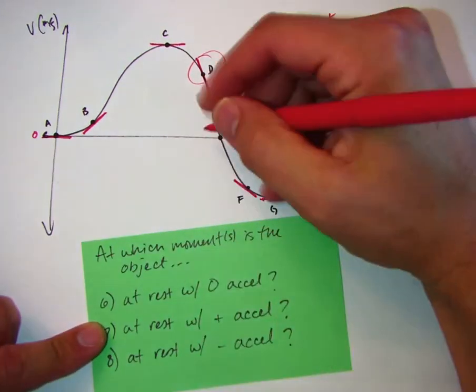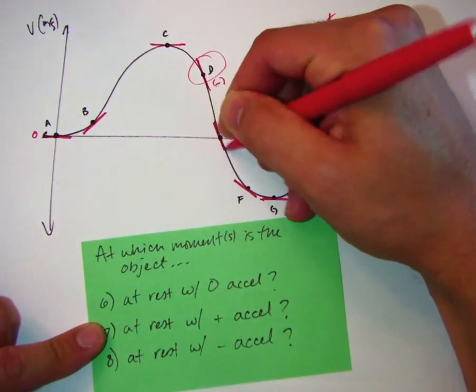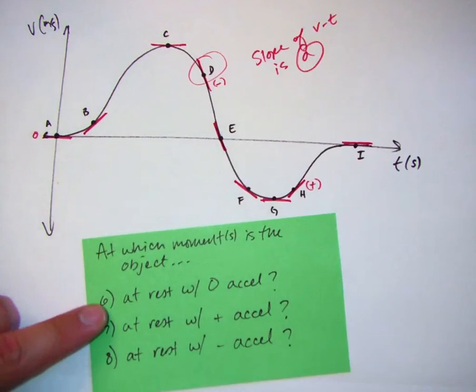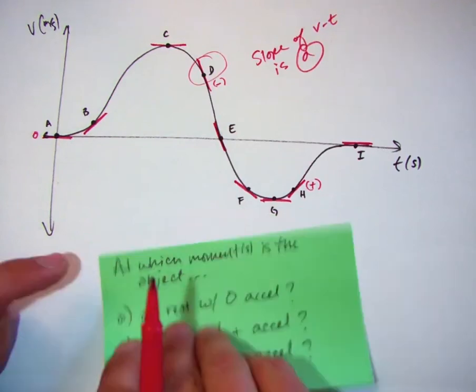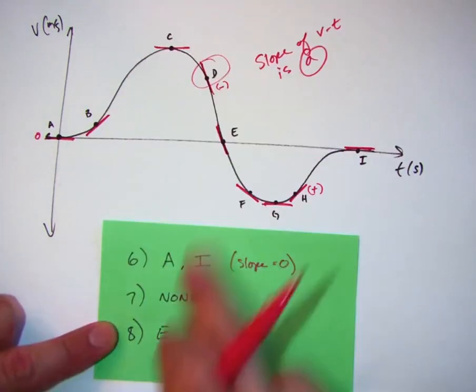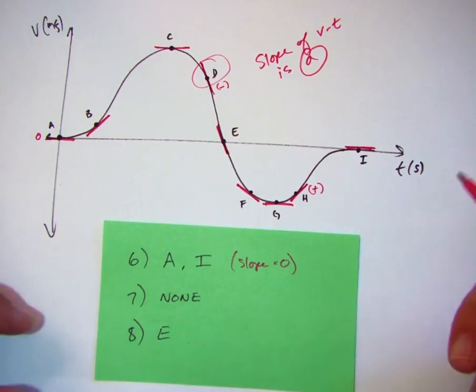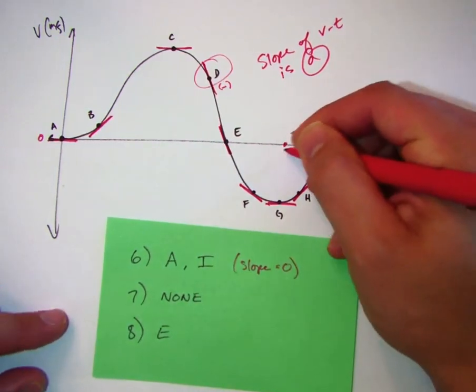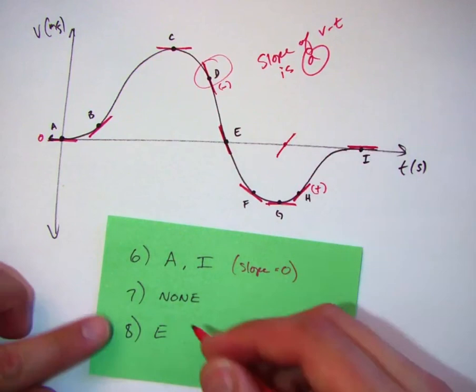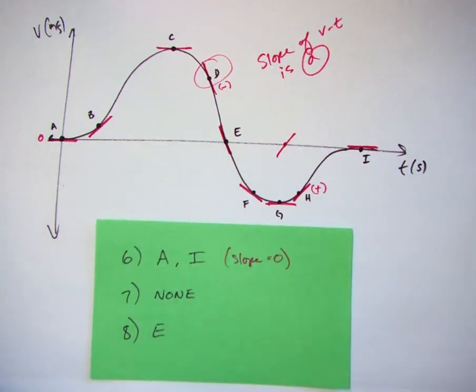Now E, if I look at the tangent line at E, it's a decreasing slope, so it's got a negative acceleration. So E is at rest, but with a negative acceleration. Now there is no spot where I'm crossing the line with a positive slope. Therefore, there are no examples of having a positive acceleration and being at rest for this graph.